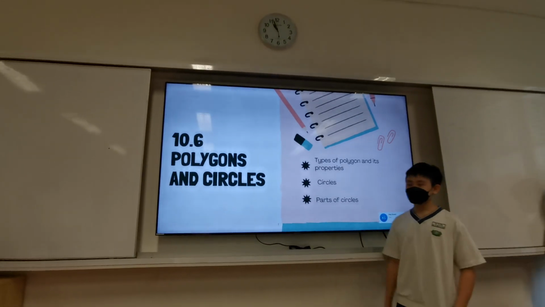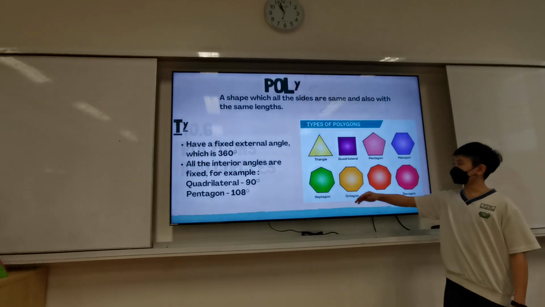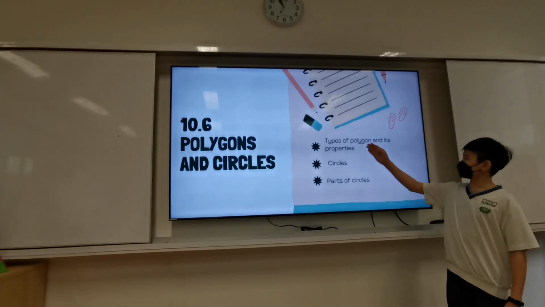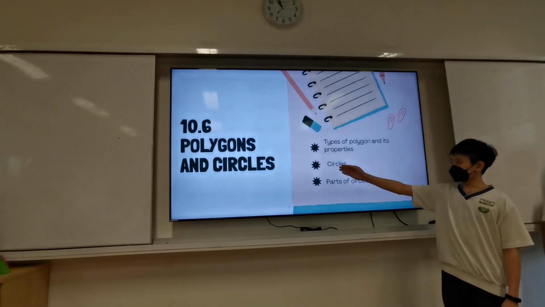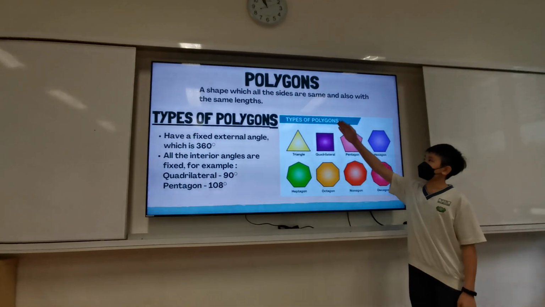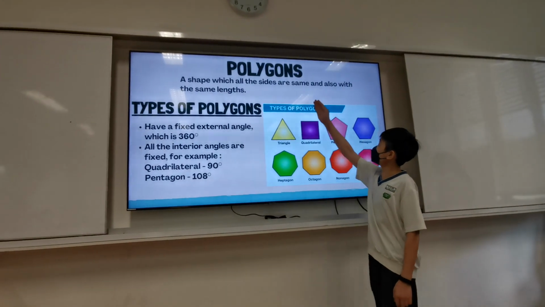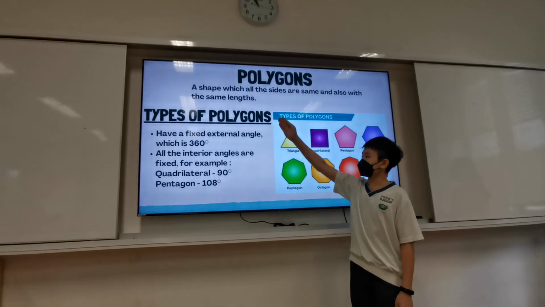And now I'll be presenting 10.6 Polygons and Circles. In this topic, I'll be covering types of polygons and their properties, circles, and parts of circles. What are polygons? Polygons are shapes in which all the sides are the same length.